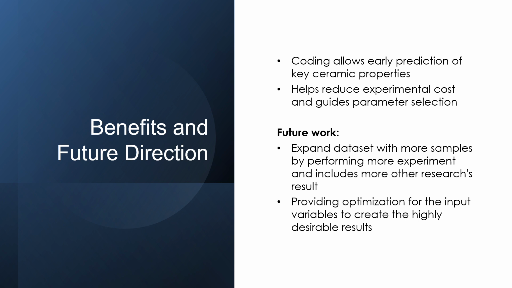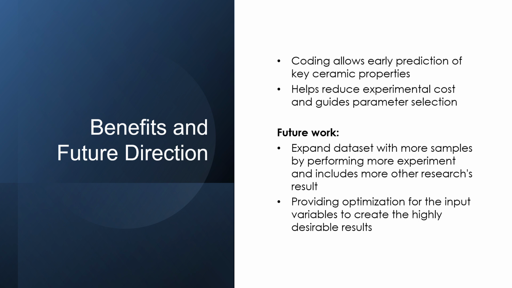And for future work, we can expand the data set with new experiments that we've done, or data coming from partner institutions, or another paper they just collected. It will make the program much more accurate and give much better predictions.